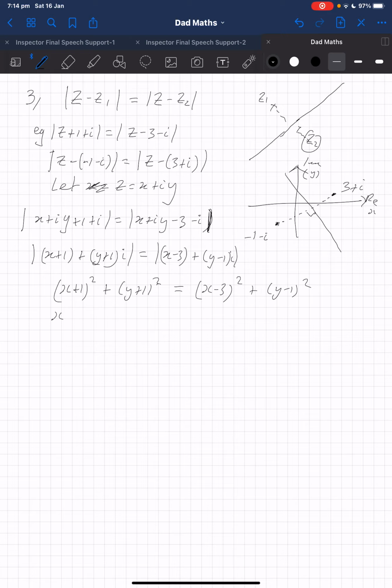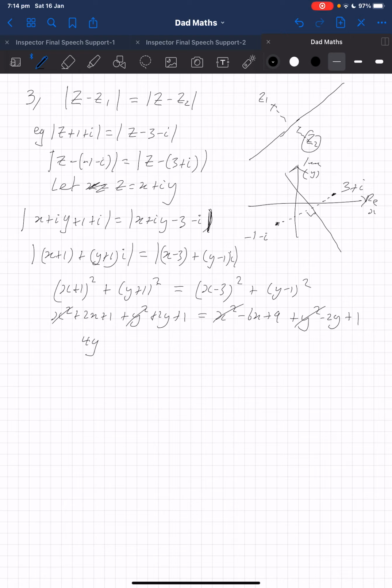If we multiply this out, we get x squared plus 2x plus 1 plus y squared plus 2y plus 1 equals x squared minus 6x plus 9 plus y squared minus 2y plus 1. We can see that the x squareds cancel, the y squareds cancel. Moving all the y's onto the left-hand side, we have 4y.